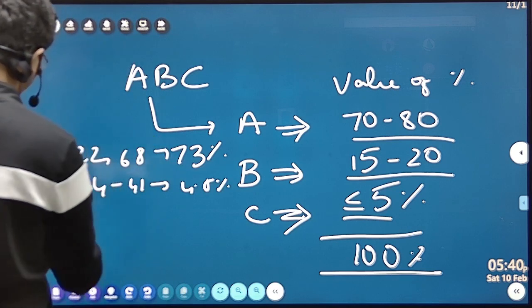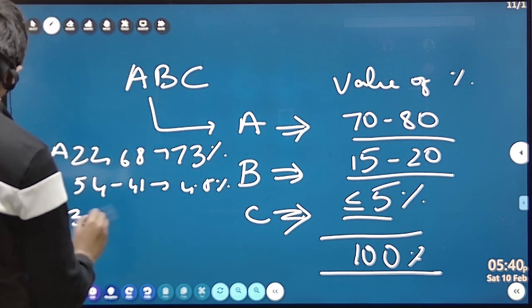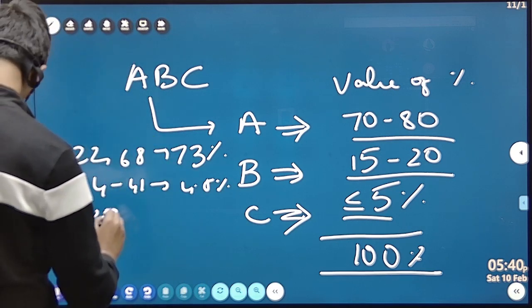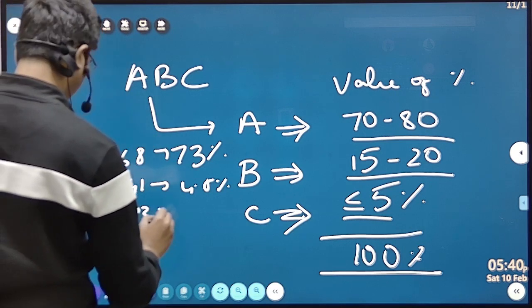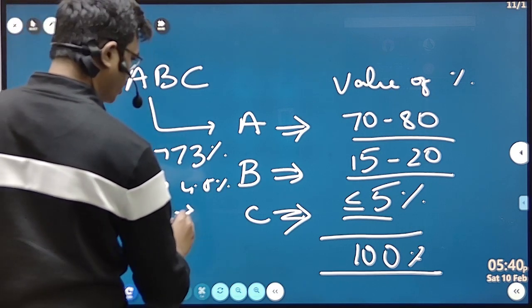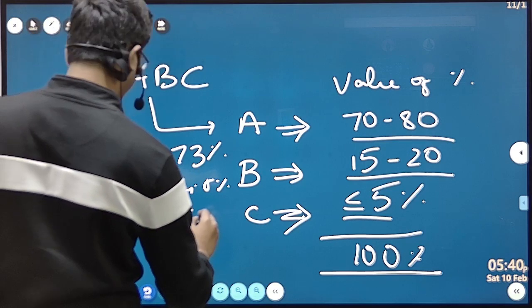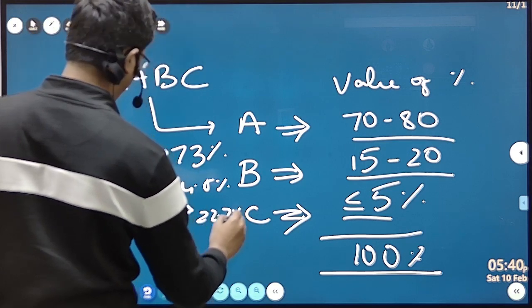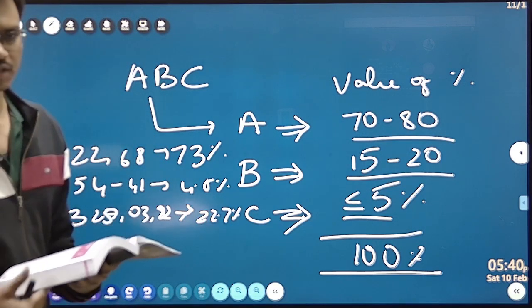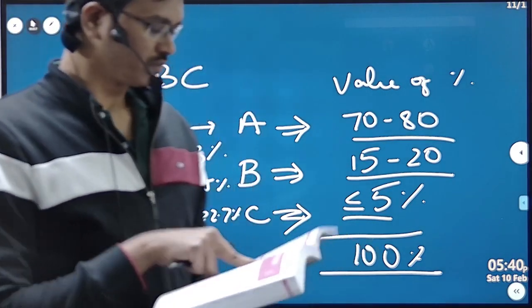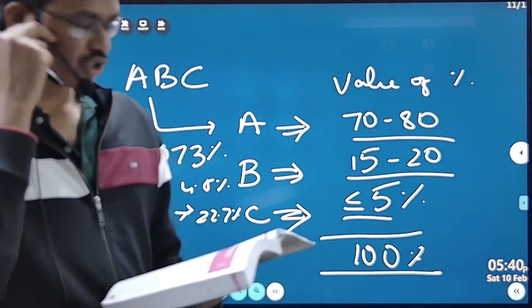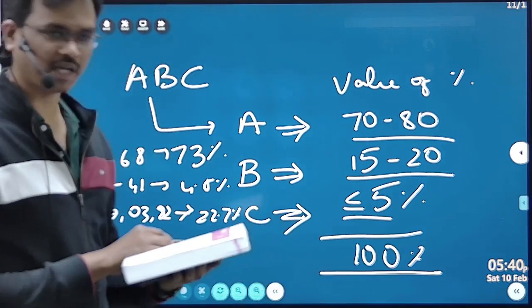So this is C, this is A, and B you have 27, 3 and 82. Okay, so this comes to 22.7%. So it is just categorizing your inventory items into A, B and C categories.